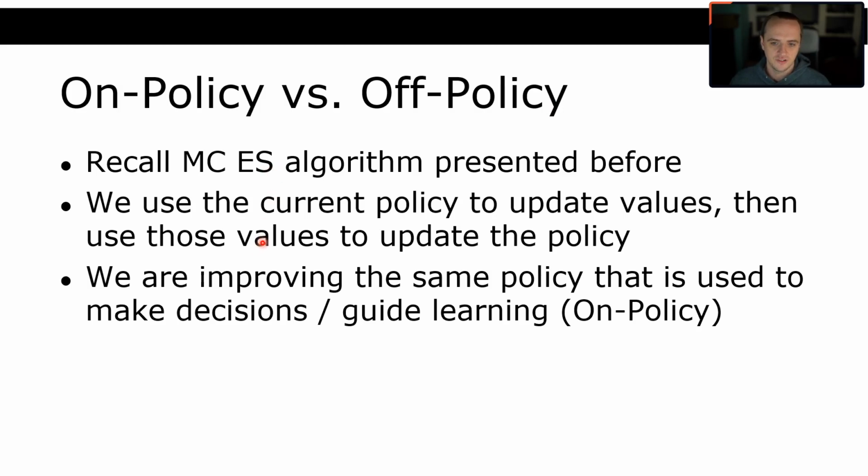In that case, we were improving the same policy that we were using to make decisions and guide learning. If we are using the same policy to guide our actions, and we're updating that policy within the same GPI loop, that's called on policy. If we are improving the same policy that's being used to guide the learning, then that is on policy.